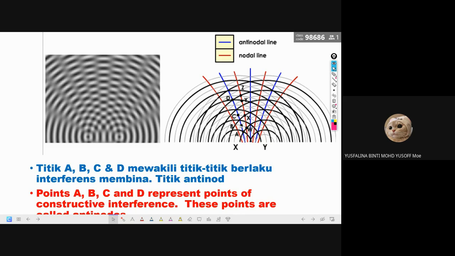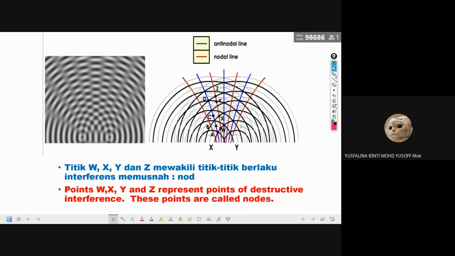This point we call the antinode. Remember, constructive interference is an antinode, while the node is the destructive. So the node is a destructive interference.